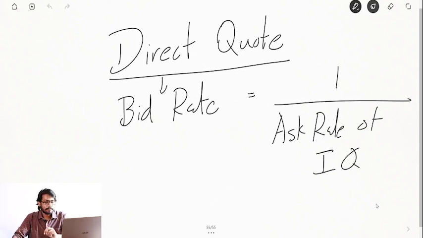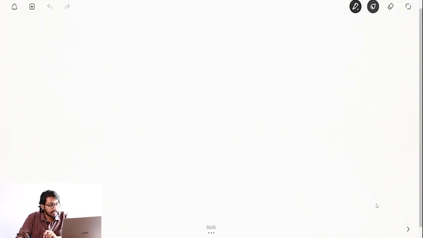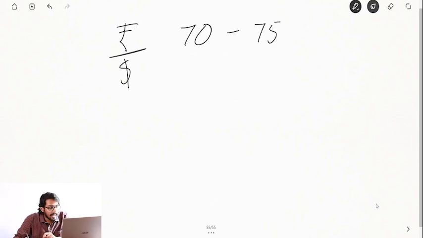Now, what is the direct quote? Pay attention. Direct quote, rupee by dollar, is 70 and 75. What is the indirect quote? Dollar by rupee.